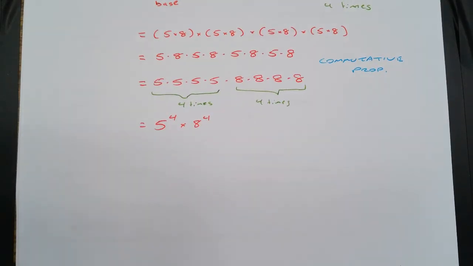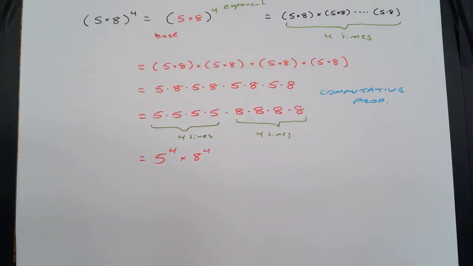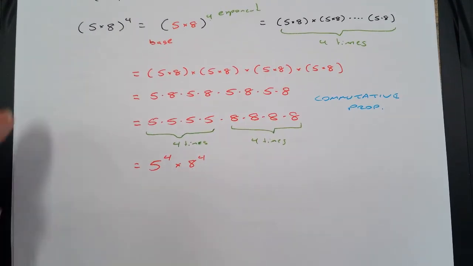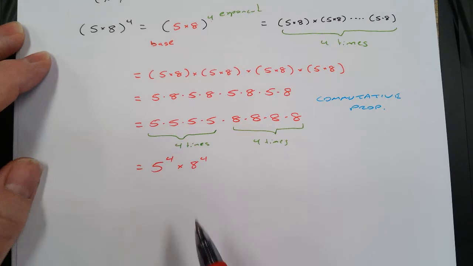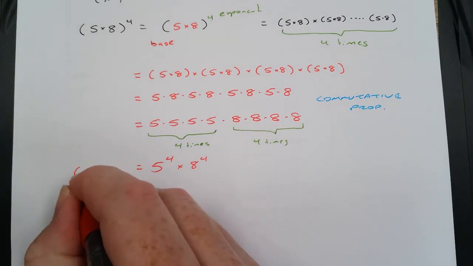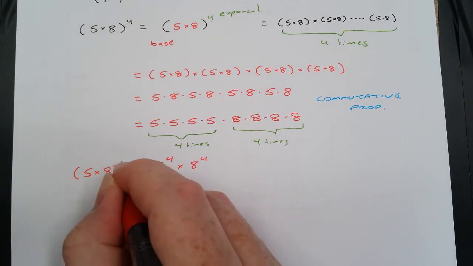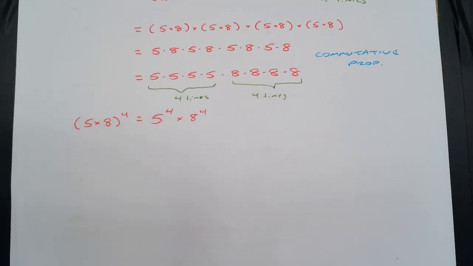It's a little bit different. So that is the long way to write this a different way. So these are 2 ways to write the same thing. It's how we change it back and forth.